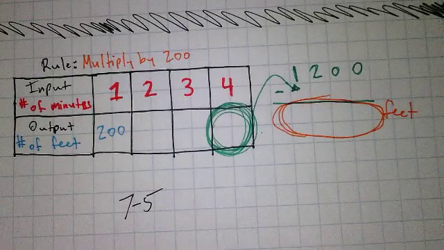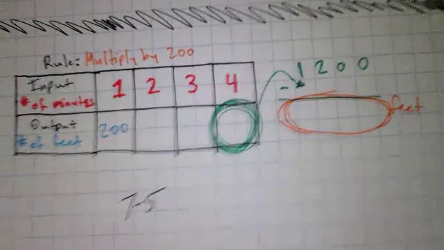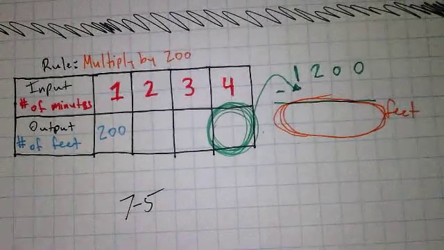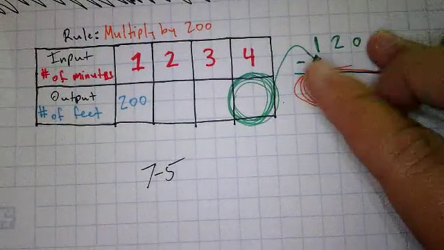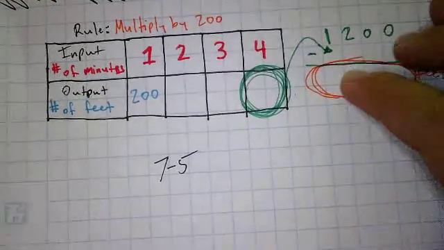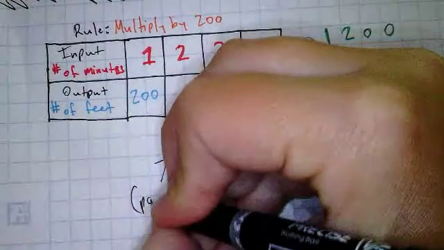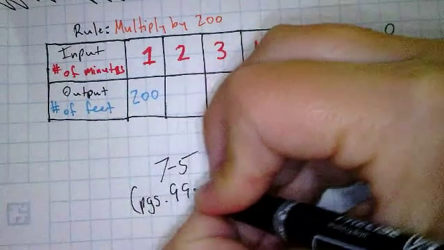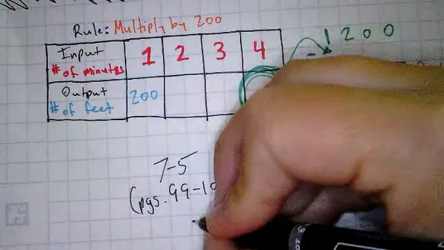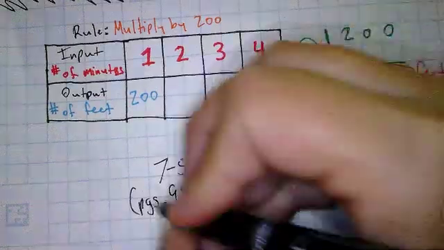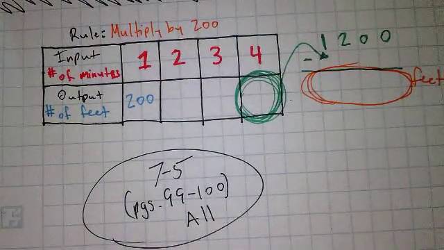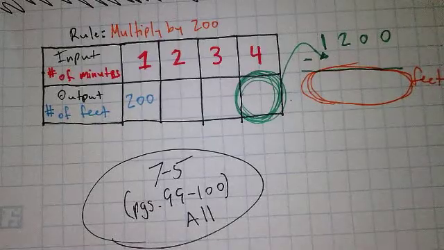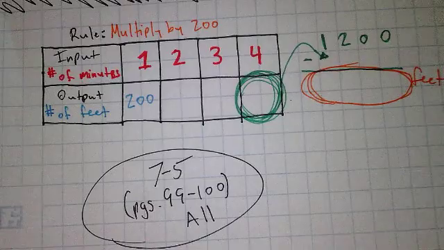Yeah, that's fine. So we don't have to explain it? That's fine. If you do it in your graph paper notebook, that's okay. Alright, so your homework is 7-5, pages 99 through 100, all, okay? No extra credit on this one. I know, that doesn't happen very often. It did this time, every once in a while, okay?